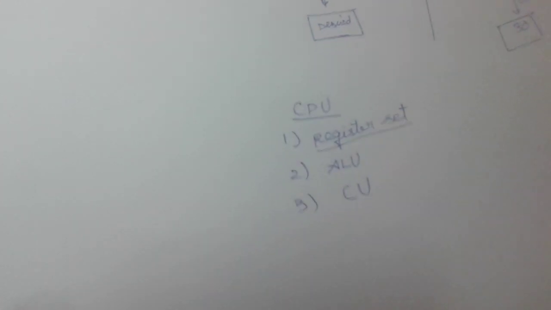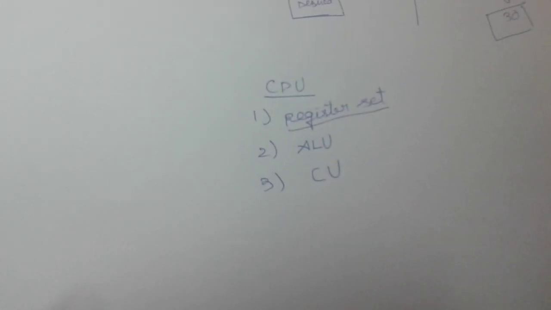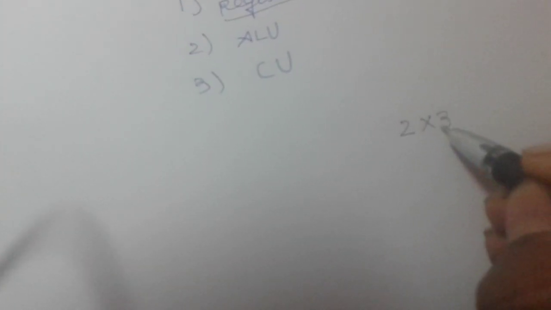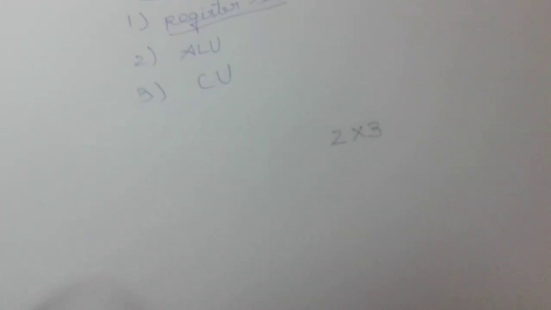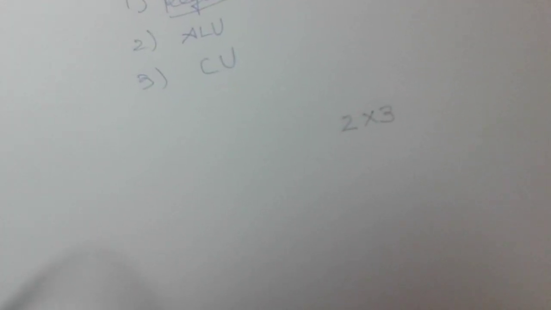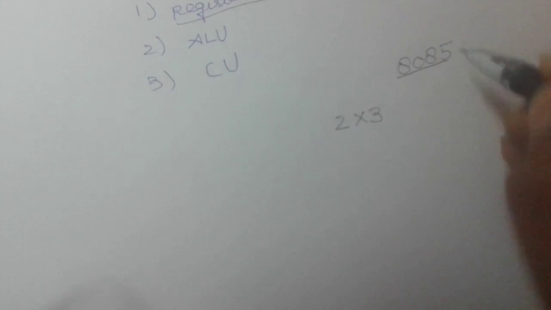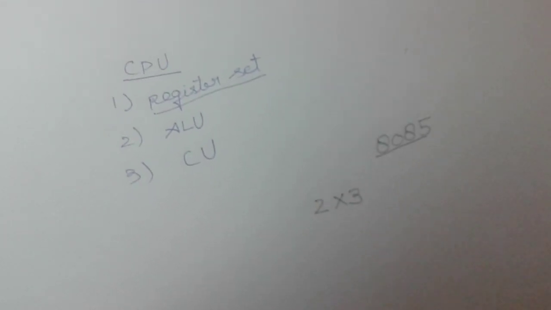First is register set. Why we require a register set is, suppose we have to perform an arithmetic operation, that is, suppose we have to perform 2 multiplied by 3. Now, if we are talking about basic microprocessor architectures like 8085 or 8086, then these microprocessors did not have multiplication functions.